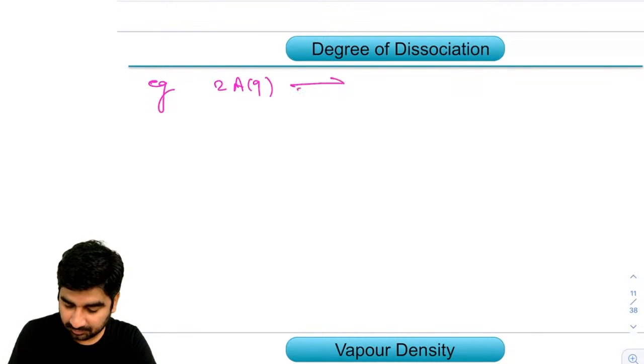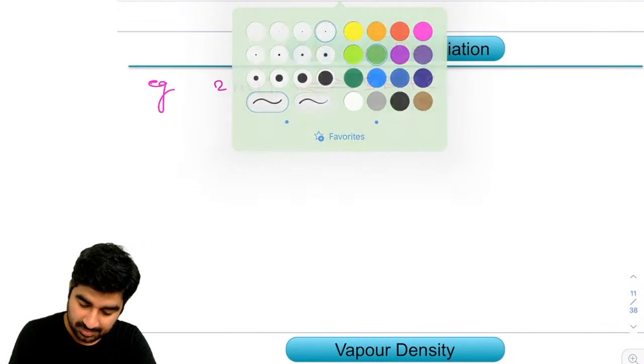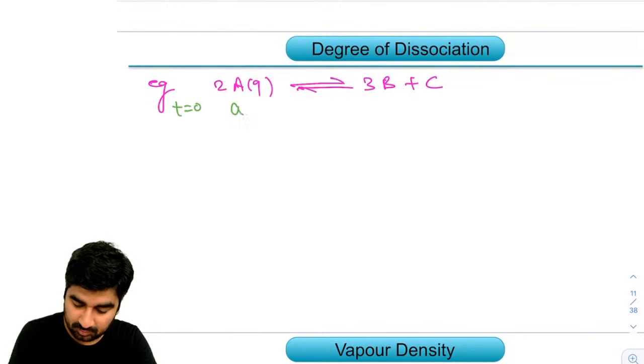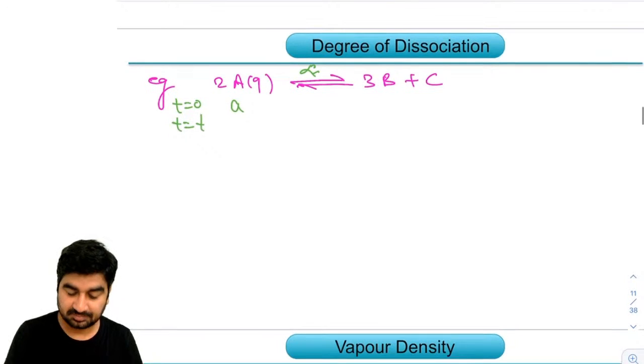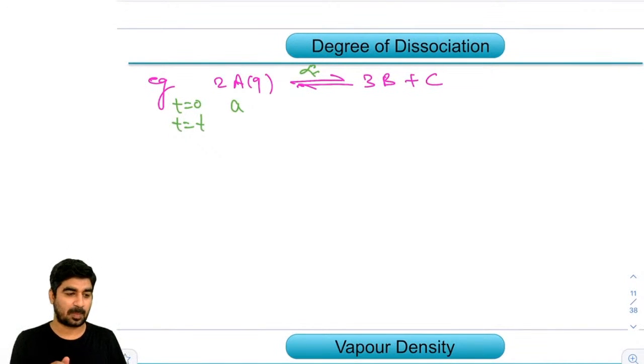2A gas goes to 3B plus C. Suppose at T is equal to 0, A mole and degree of dissociation is alpha. So just write down the expression for it. Write it down, guys.